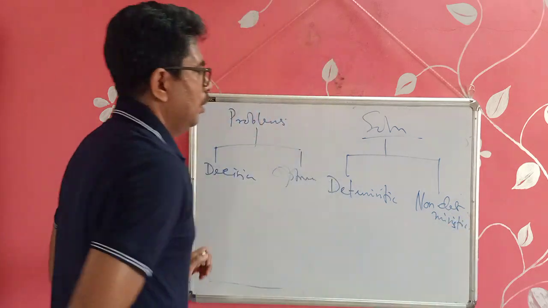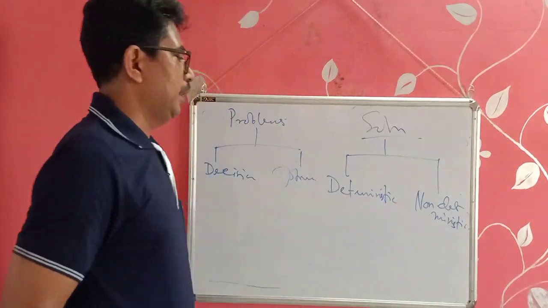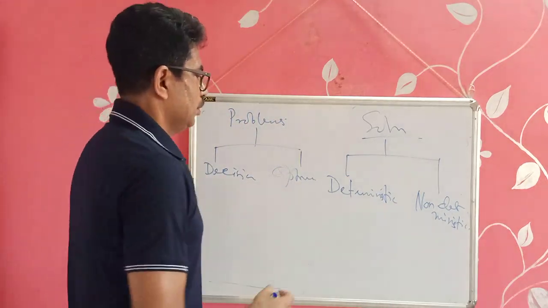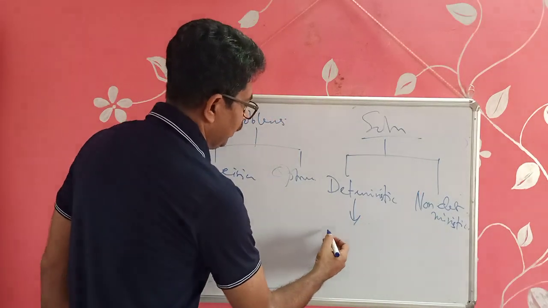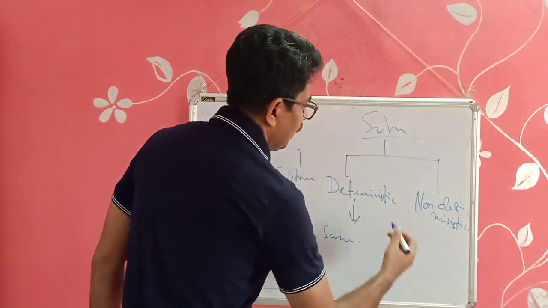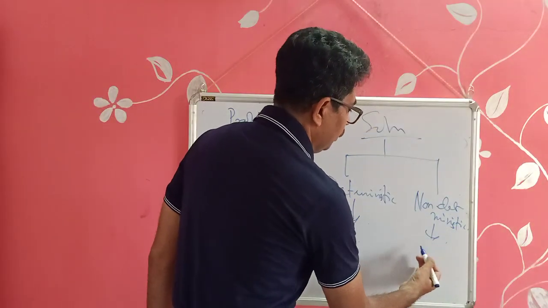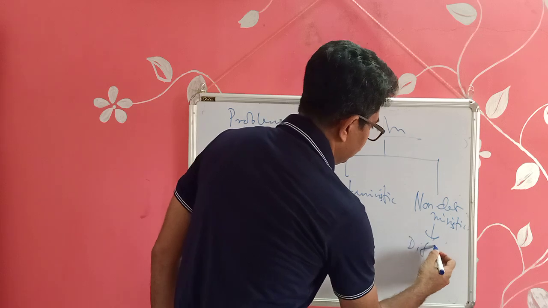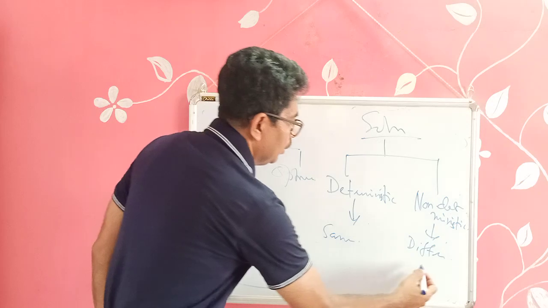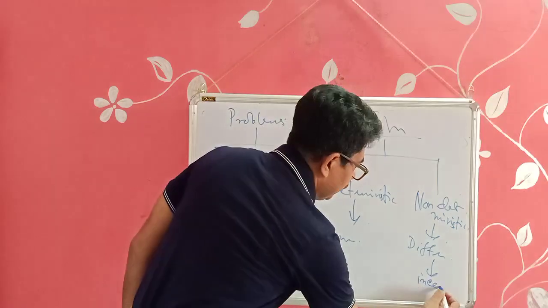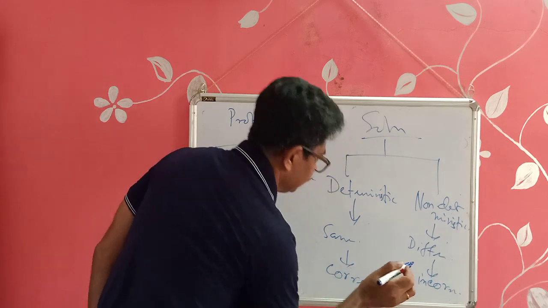Deterministic means for each and every step we will get the same output, and here for the same input we may get different output. So sometimes we may get an incorrect solution here, and here we will always get the correct solution.